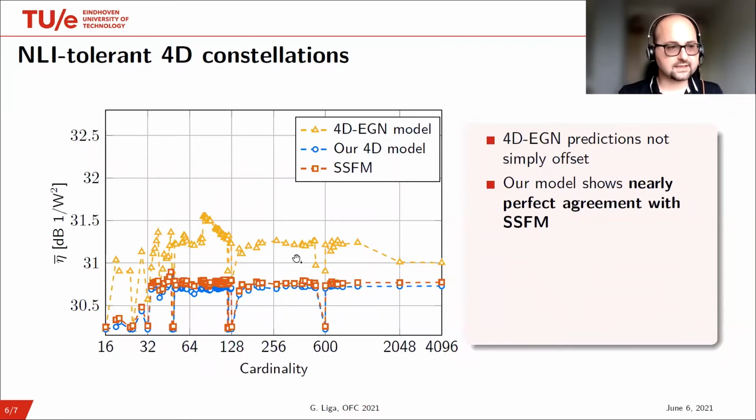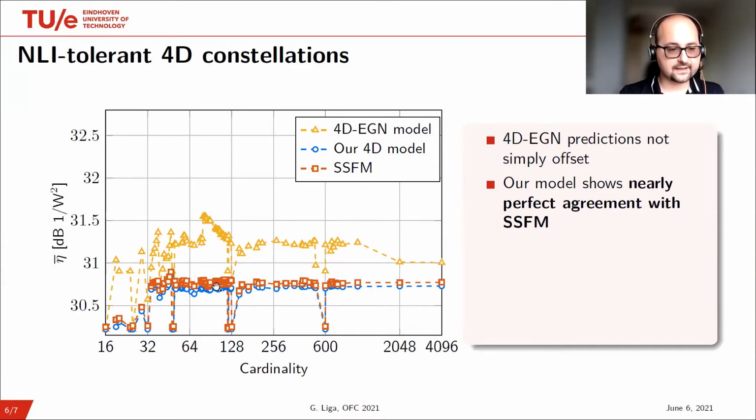And finally, we looked at the most nonlinearly tolerant 4D constellations within the previously cited database. And again, here we can see the yellow line represents the result for the 4D EGN model.